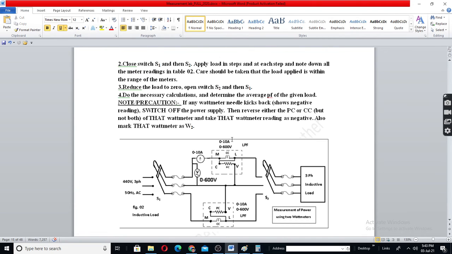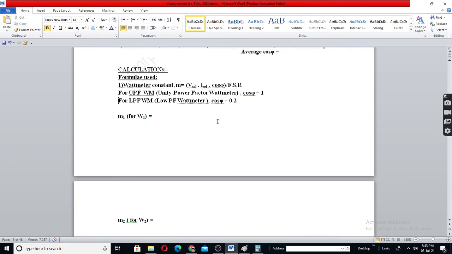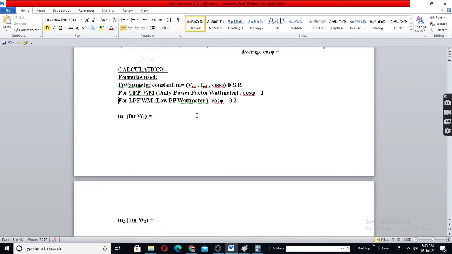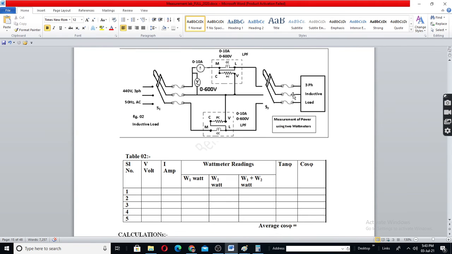In such a case, the procedure is already explained in the theory. Here the table is the same, but the load is inductive. You can see this was a resistive load; here it is an inductive load in experiment number 5.